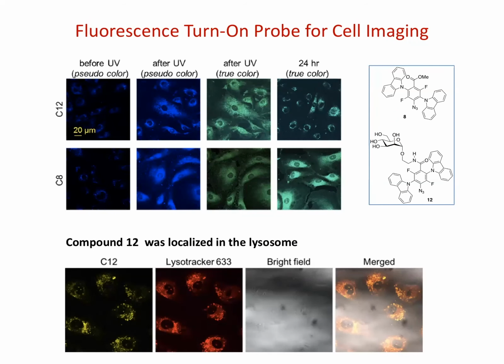Here we compare the one with mannose and without mannose. And then you see before UV and after UV, the fluorescence is much stronger after irradiation. And interestingly, after 24 hours, the mannose derivative somehow diffused, whereas the non-mannose derivative still stayed.